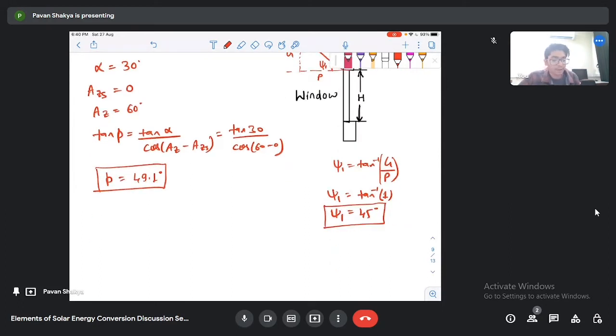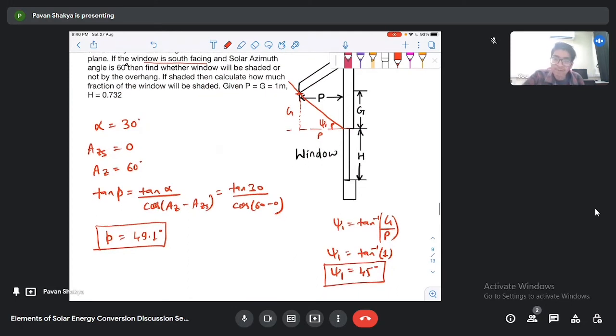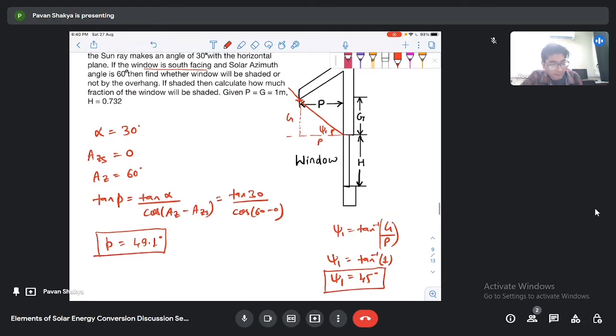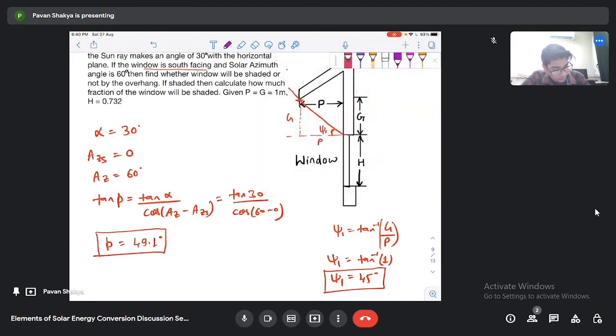Now I will try to find what happens at the bottom of this window. When the sun ray is falling on this bottom, then I am going to calculate this angle.